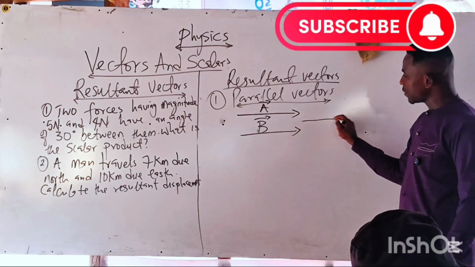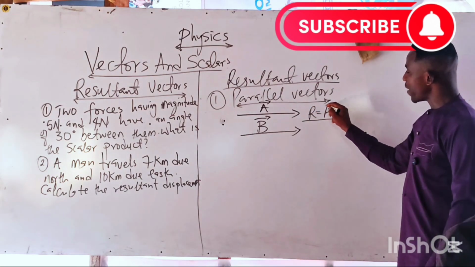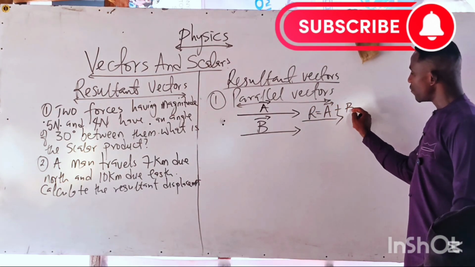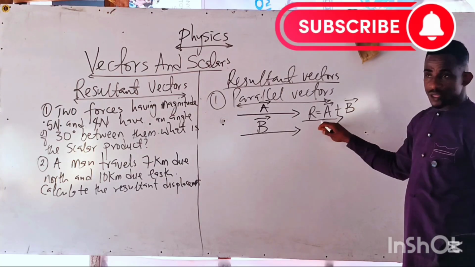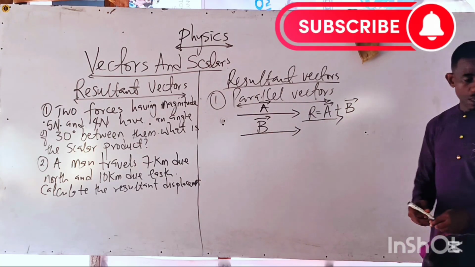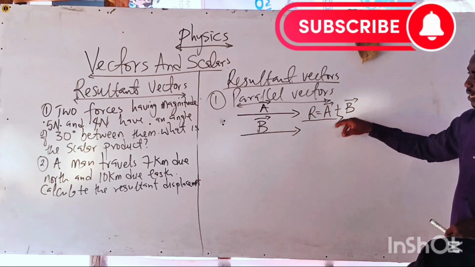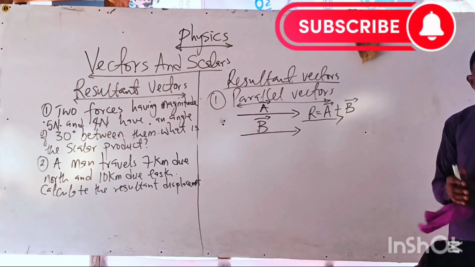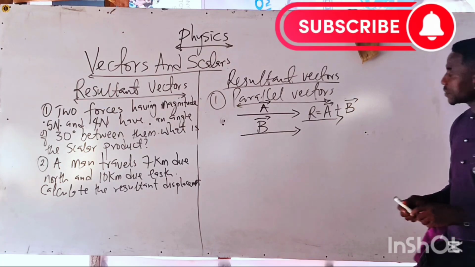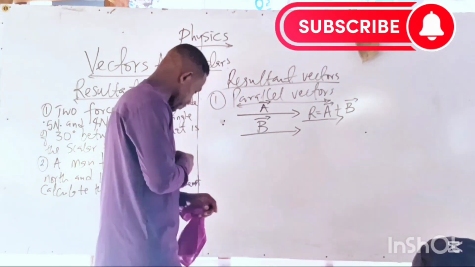So we call the resultant here R, equal to vector A plus vector B. This is the resultant of A and B. You sum it together. All right? That's the resultant of vector A and vector B.